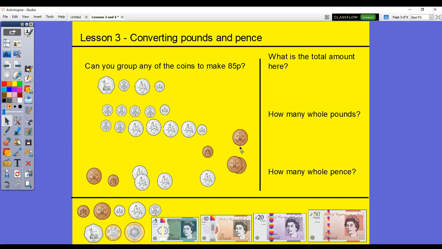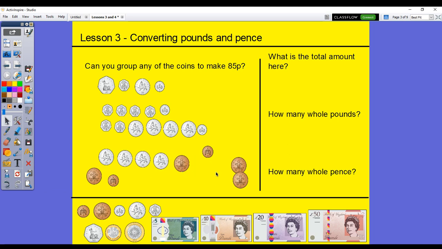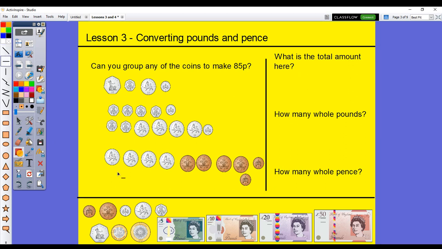Now let's see if the coins we have left over can make any more groups. 10, 20, 30, 40, 42, 44, 46, 48, and 50. Unfortunately that only makes 50p, so that's not going to be enough.